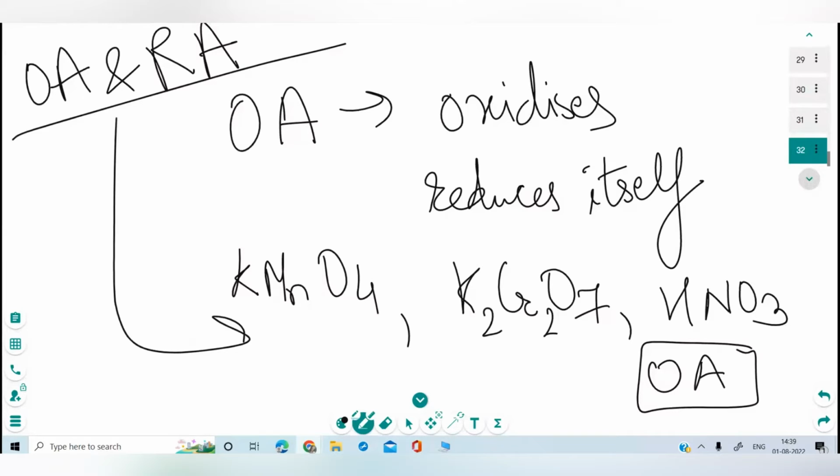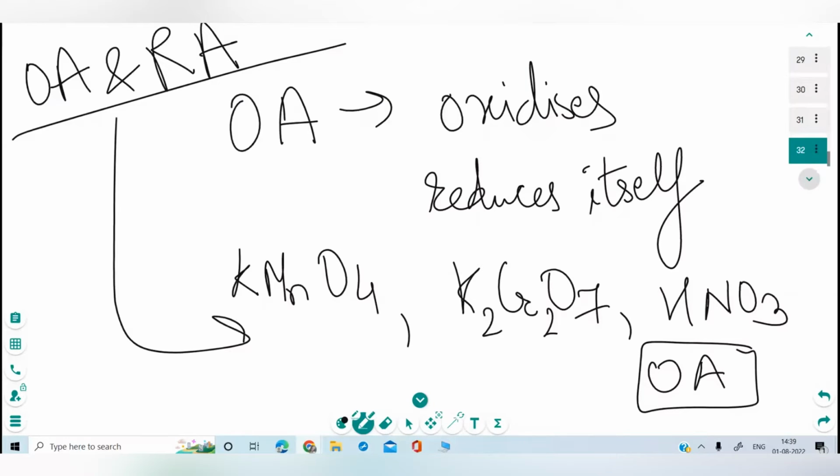Before I start with redox and everything, I will bifurcate oxidation and reduction, and then I will give you all the details more nicely. So have you written the definition of oxidizing agent? I'll repeat it once again.